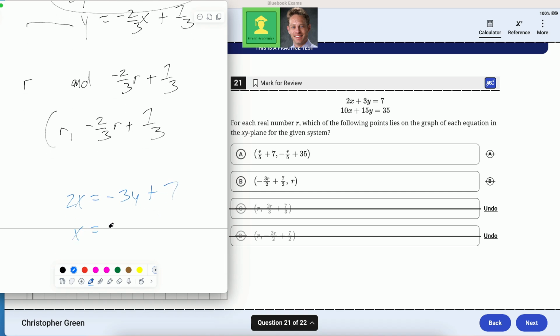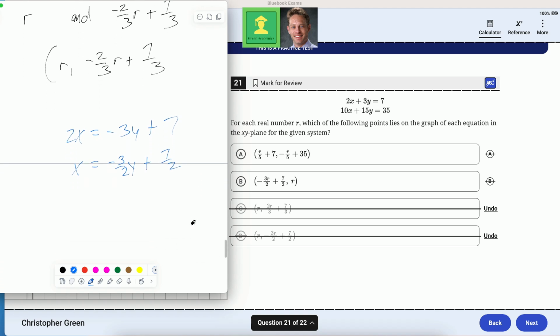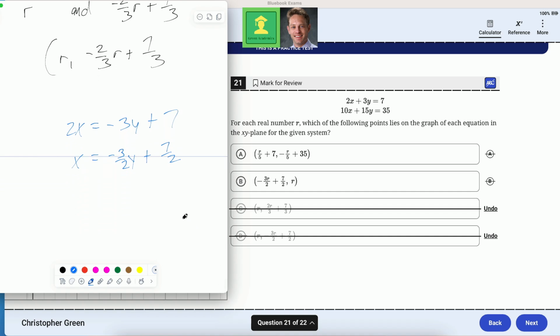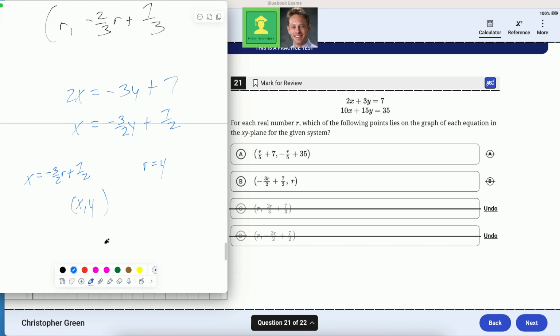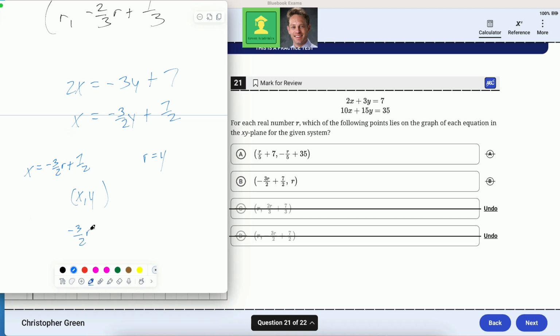So x itself is negative 3 halves y plus 7 halves. It spins your head around, but if r is y, then x is negative 3 halves r plus 7 halves, which means you have the xy pair: negative 3 halves r plus 7 halves, comma, r.